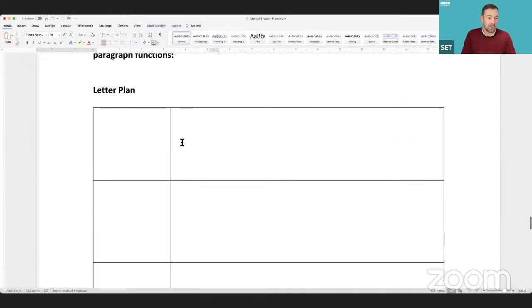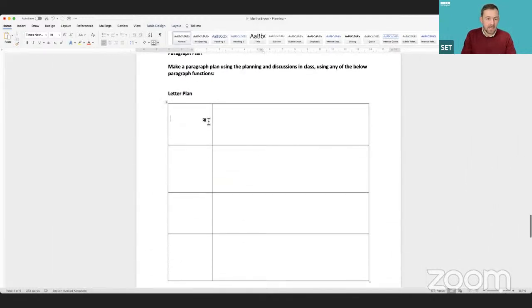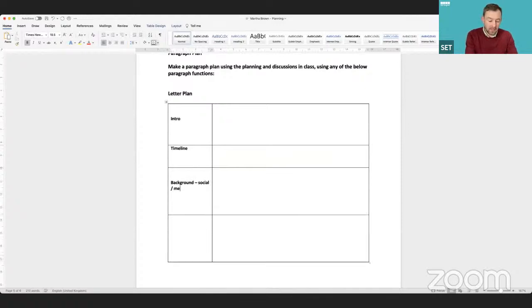I'd say introduction, timeline, background with a bit of social, definitely some social, possibly a bit of medical as well in there. And then a request. So I think it's quite a standard letter, this one.